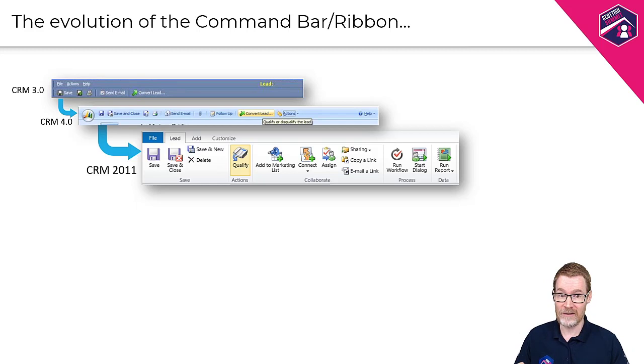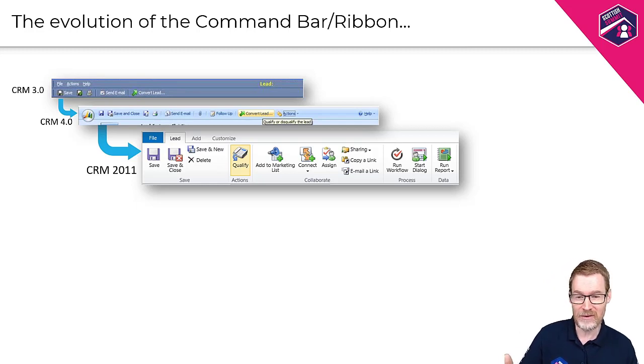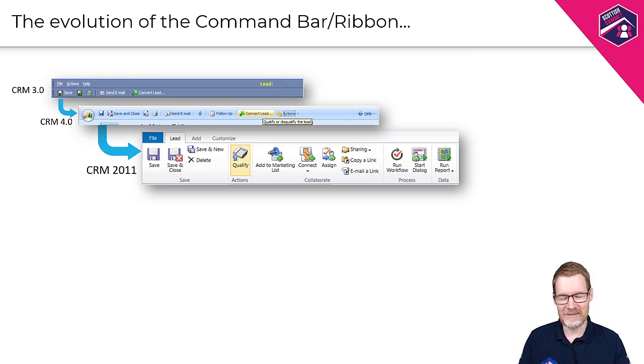And the other thing about the ribbon is that depending on the size of screen you were on, different buttons would be bigger or smaller, and some would go into an overflow area. So it was quite a complicated beast. And there were things like, if you selected a subgrid, and I don't know if you remember this, you select a subgrid on a form, it would show you a different ribbon to if you were selecting the main form. Some people loved it, some people got a little bit confused by it, but nevertheless, it was there.